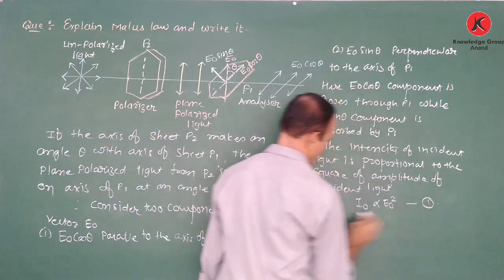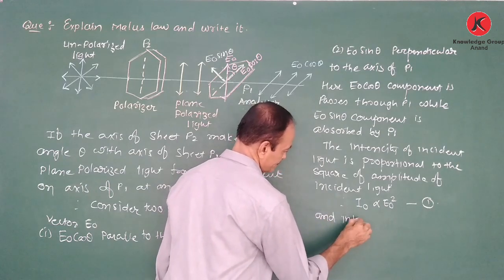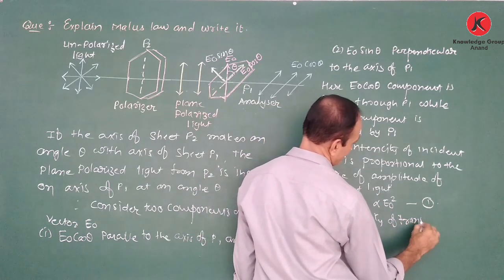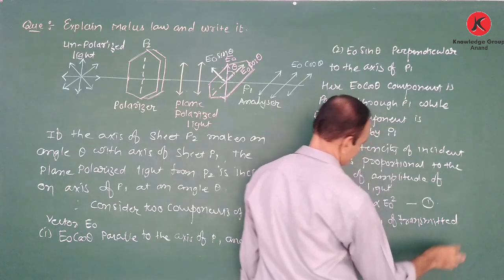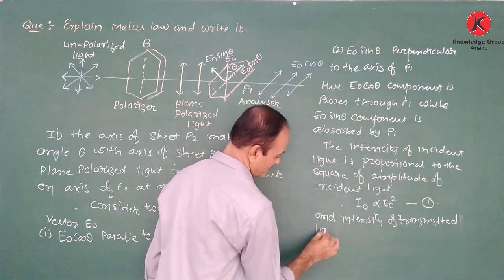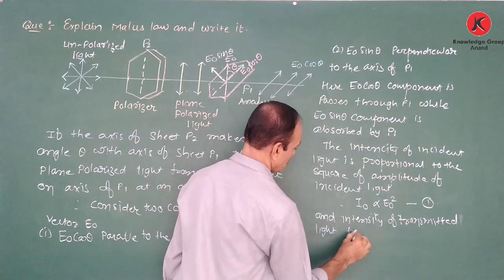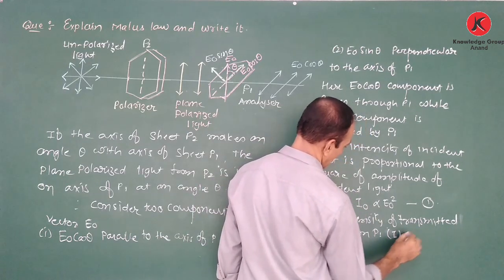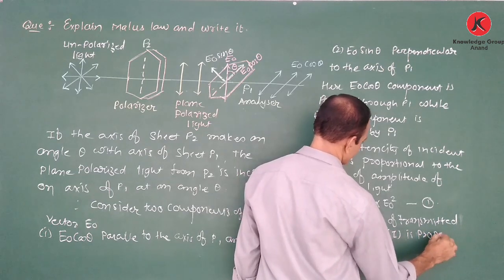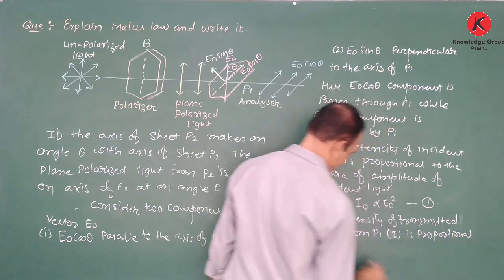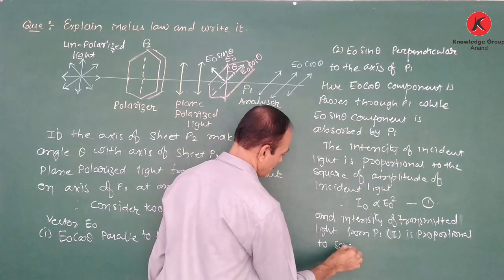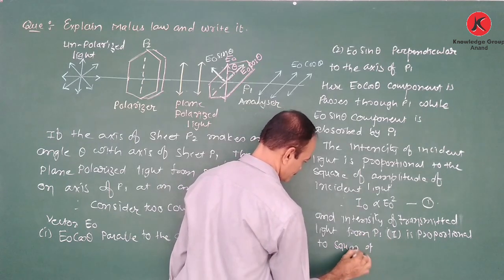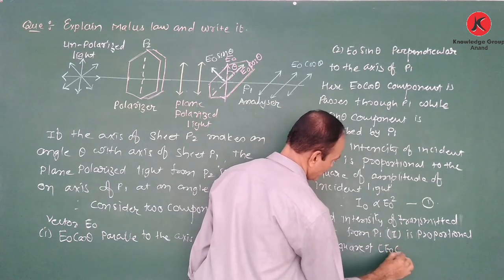And the intensity of the transmitted light from P1 is proportional to the square of E0 cos theta.